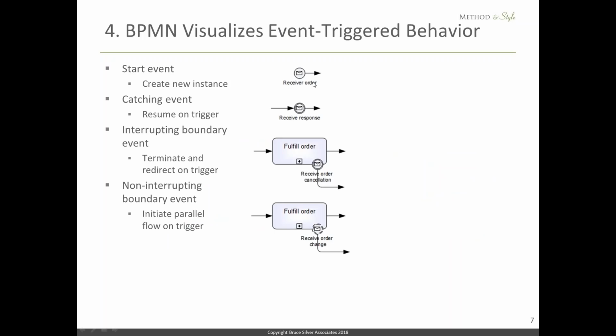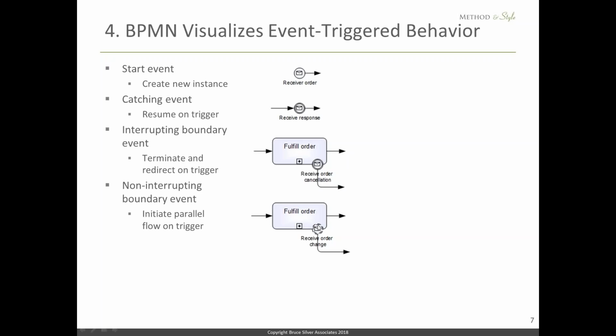There are a number of things that you can say happens. You start a new instance of the process. Or here, you pause the process and resume when the message arrives. Here, you're doing some activity, and if the message arrives, you abort it, you interrupt it, and exit on this other path instead of taking the normal path.